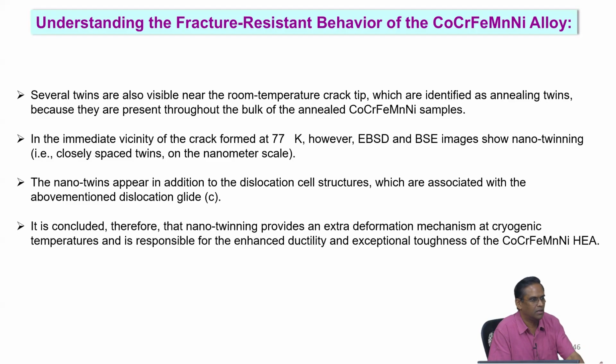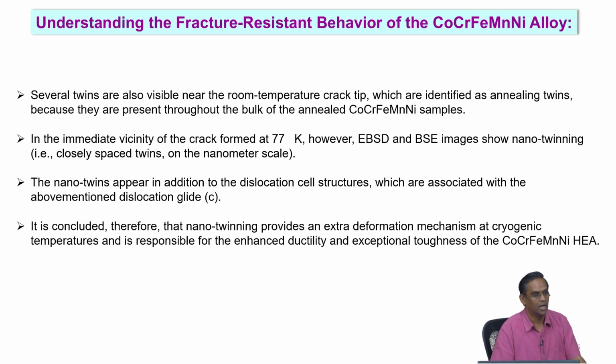So what is the basic deformation mechanism? The basic deformation mechanism is slip, which happens anyway for any material, irrespective of temperature, whether room temperature or high temperature. In addition to that slip, twinning is also another mechanism which happens at a very nanoscale level.